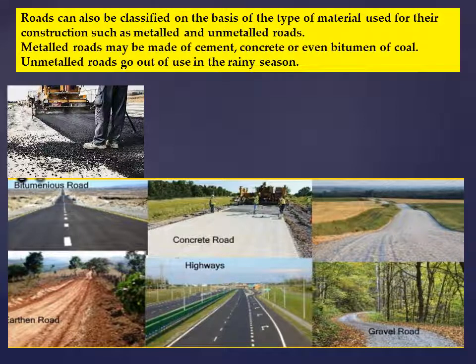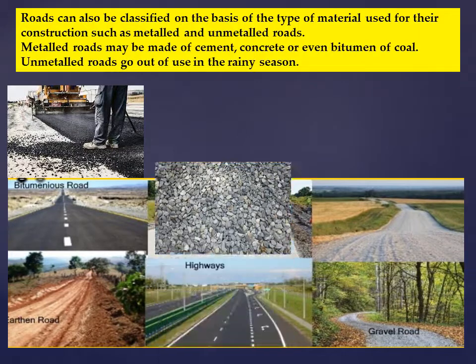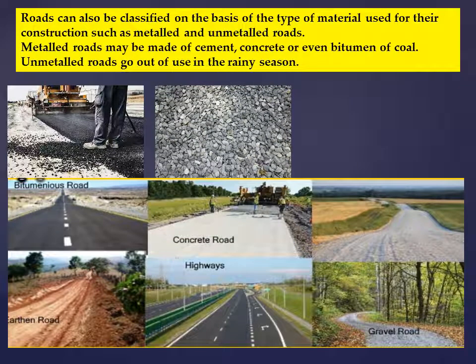Now if you see the slide, we can see the bituminous road, the gravel road, the earthen road, the concrete road, which is made of cement, and highways. Gravel roads use gravel for making the road.